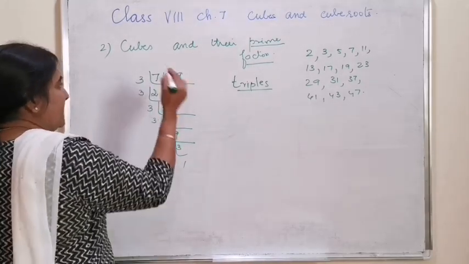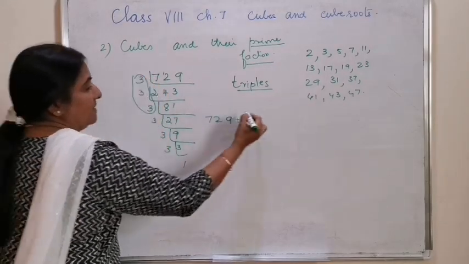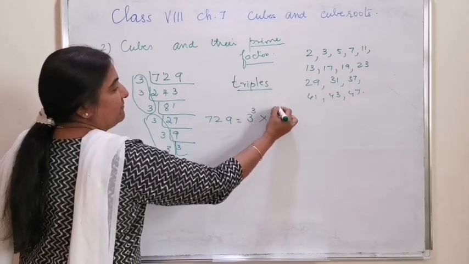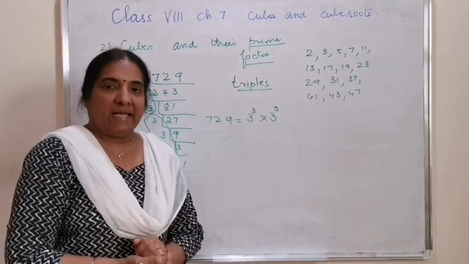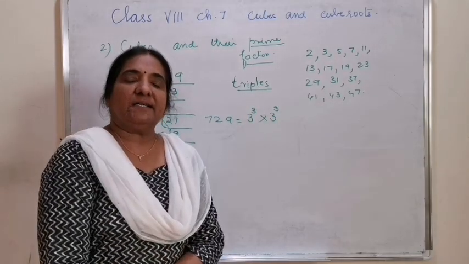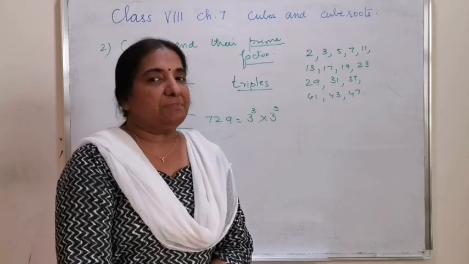That is, 729 can be written as 3 cubed into 3 cubed. If you group the prime factors as triples, and all the prime factors occur as triples, it shows that the number is a perfect cube.